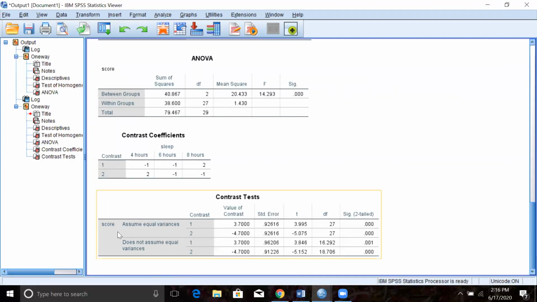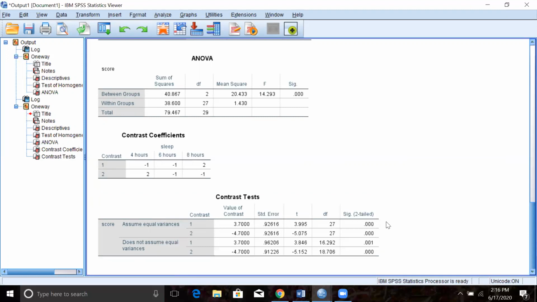We're going to assume equal variances. If you tagged on that homogeneity of variance test to the one-way ANOVA we did first, you'd be able to verify that the variances are roughly equal in my different sleep groups. So we're going to use the values up here, in assumption of equal variances.